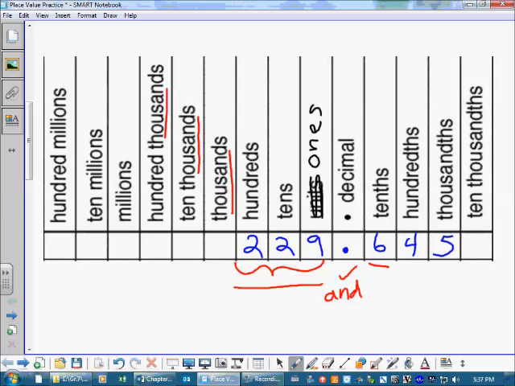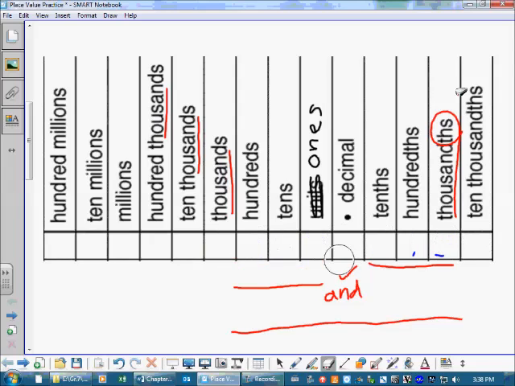And now we just read this as a normal number, 645. And what do we end up in? Thousandths, the thousandth position. So once again, 229 and 645 thousandths. That's how we read that. Okay, let's go again.